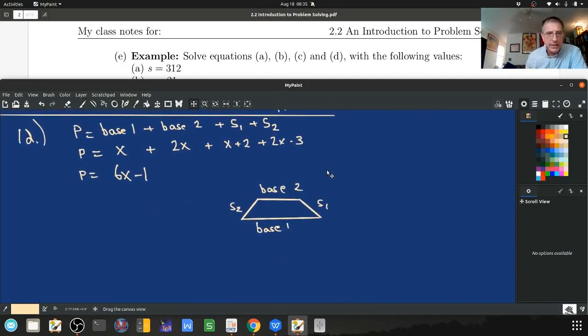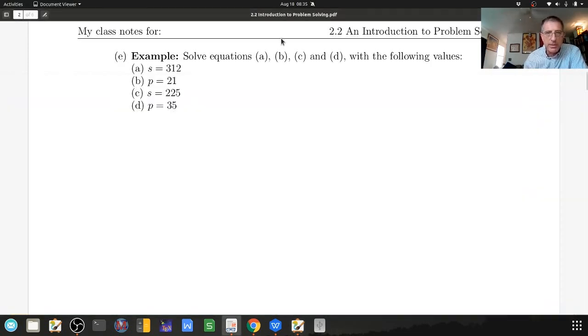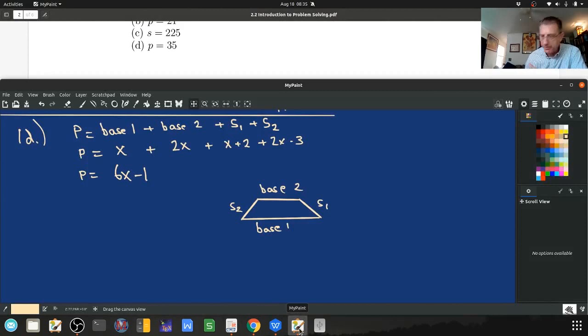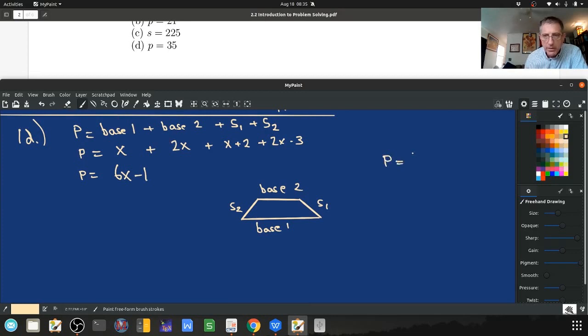In this case, we are given by the problem itself that P is equal to 35. So our equation is given by P is equal to 6x minus 1. But in this case, we are given that P is equal to 35.